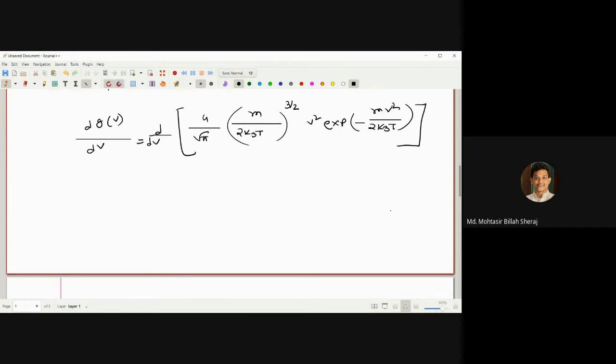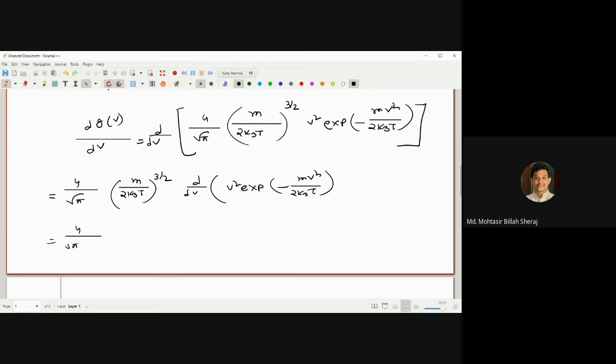So we need to differentiate this. So 4 by root pi is a constant. (m by 2 pi kbt) is also a constant. So ultimately we will have v square e to the power minus mv square by 2 kbt. So 4 by root pi, m by 2 pi kbt whole to the power 3 by 2.